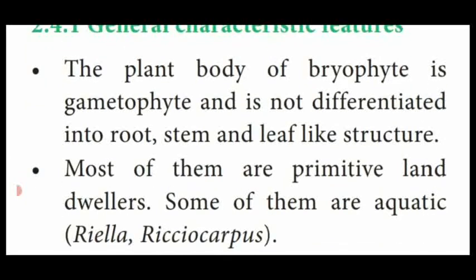Most of the bryophytes are primitive land dwellers. They are primary or basic land form plants. Some of the plants which live in water, for example Riella and Ricciocarpos, show an aquatic habitat. But most of the bryophytes are land dwellers and also primitive. Land dwellers means living on the land region.